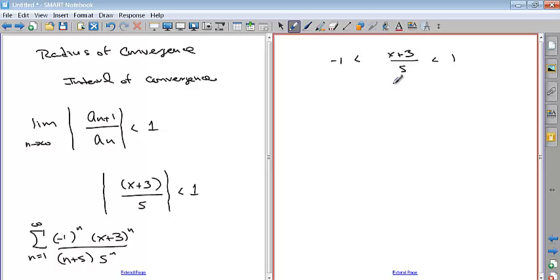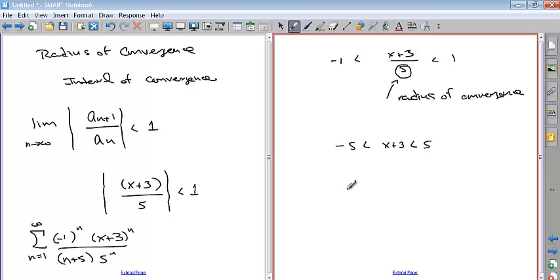And this denominator, that's where you get the radius of convergence. If you just had x plus 3 without a denominator, the default would be 1. But in this case, I do have the denominator. That's the radius of convergence. Now if I multiply every term by 5, I'll get negative 5 is less than x plus 3 is less than 5.